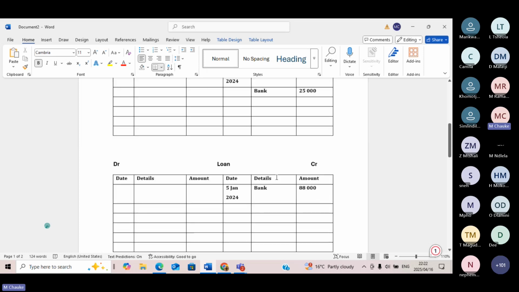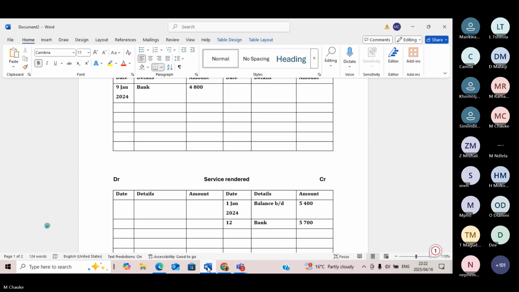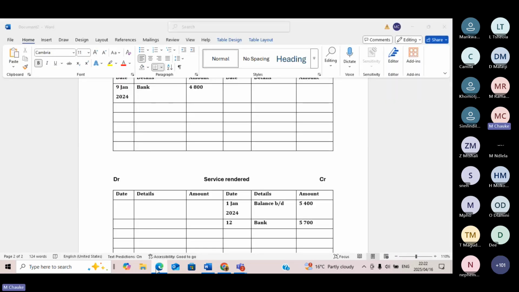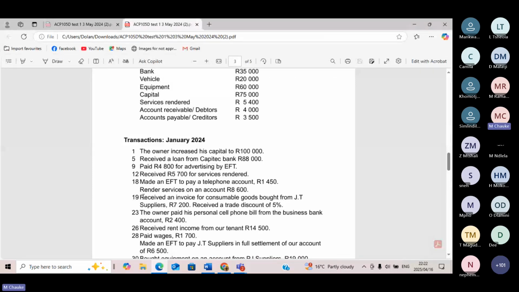Same date, transaction on the 18th. On the 18th, we rendered a service on account. When you render a service on account, it means you rendered a service on credit. When you say on account, like you've got an account in Truworths, it means you are borrowing stuff there, and then you're going to pay at a later stage.